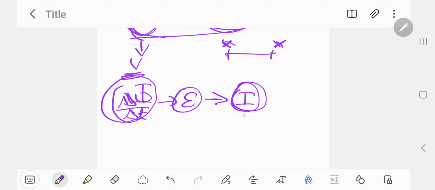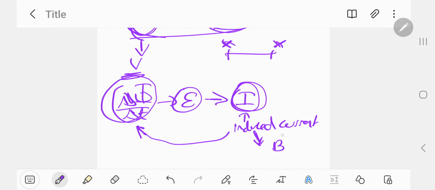The direction of this induced current will oppose the change that's causing it, will oppose the change in magnetic flux, because a changing current induces a magnetic field of its own, by definition. And these two magnetic fields interact. The induced current induces a magnetic field, and that magnetic field opposes the original change that caused it in the first place.